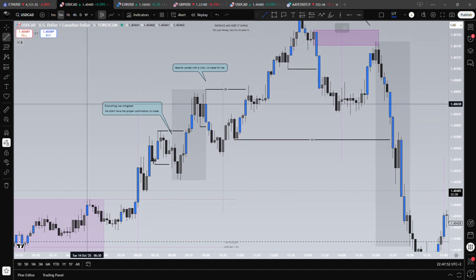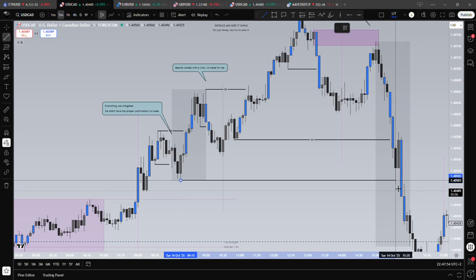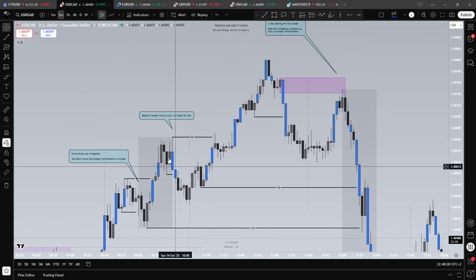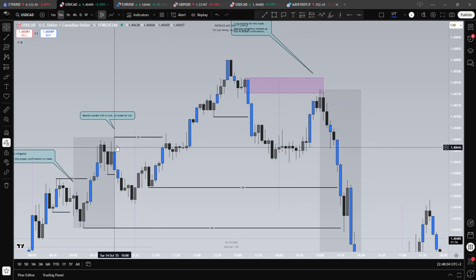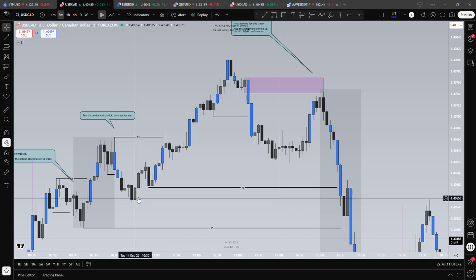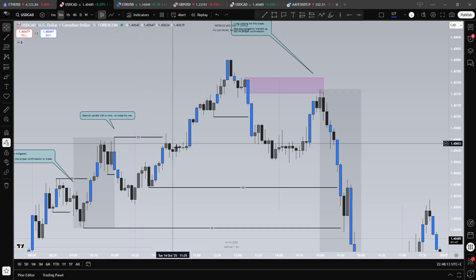Then we took this round liquidity on M5. We had this break obstructor to the downside. No trade for me as we had this bearish candle. For me, it means that there are sellers entering. So of course it was perfect, understood.